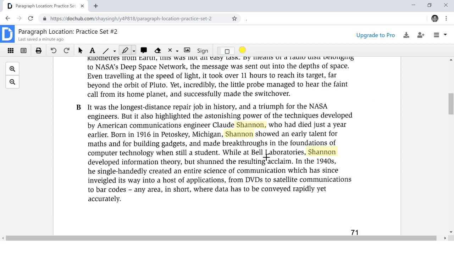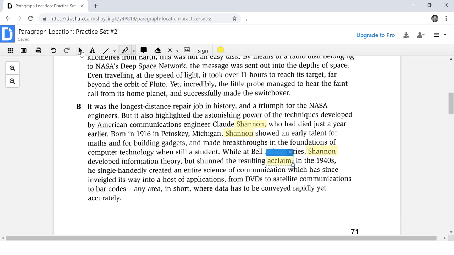So I'm going to go ahead and mark that here. And let's go ahead and read this sentence. It says, while at Bell Laboratories, Shannon developed information theory but shunned the resulting acclaim. So to shun means to avoid or to ignore or to reject something, mainly to reject something. So Shannon rejected the resulting acclaim, the praise, the fame. He didn't want it.